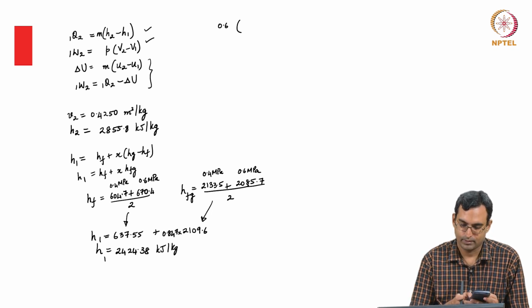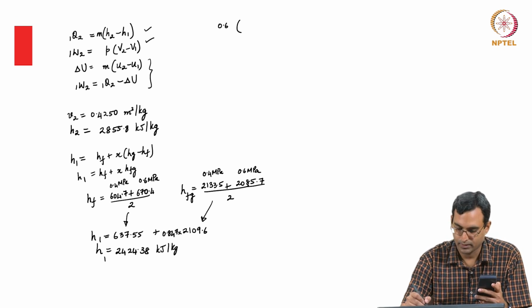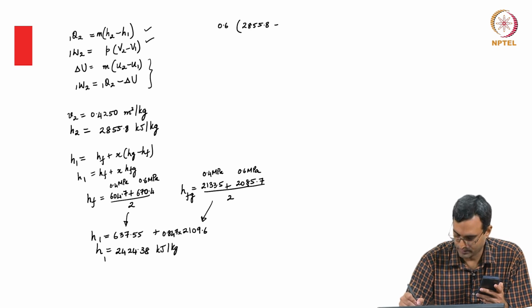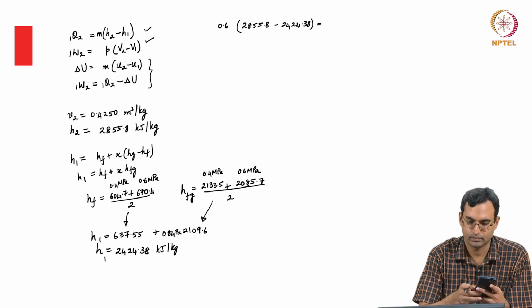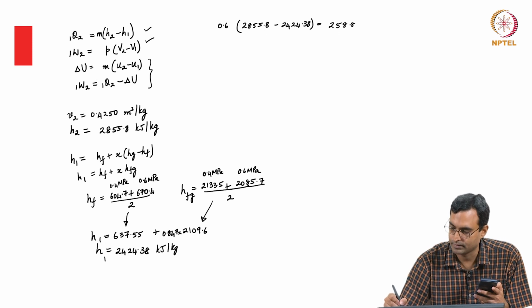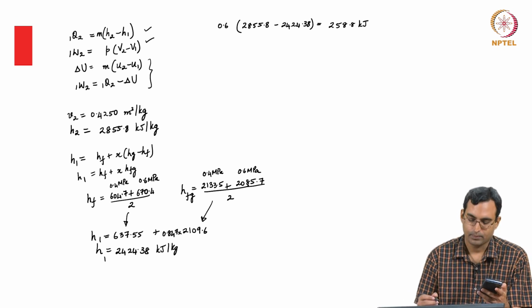I can subtract these, which gives me this value. So, I have here 2855.8 minus 2424, which is 258.8 kilojoule.